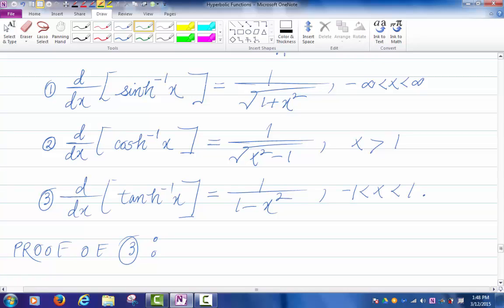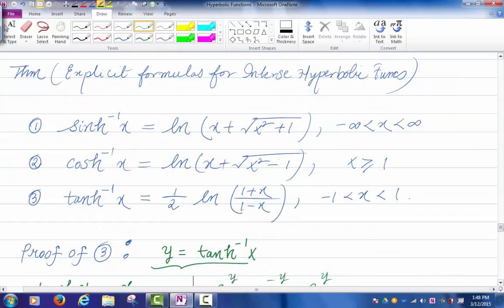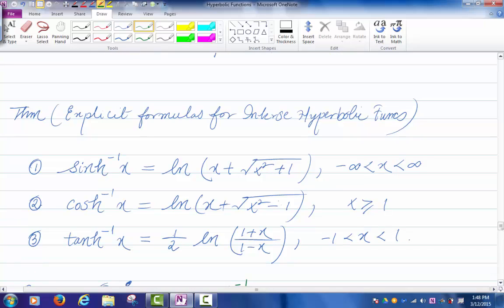The way it is done there in your homework is different from the way that I'm going to derive the derivative. And you can see how I'm going to derive it differently. I already have some explicit formulas for these inverse functions, right? So do we know how to find the derivative of all these 3?